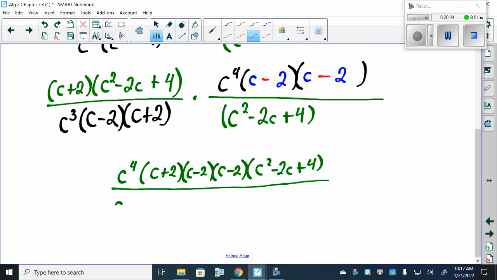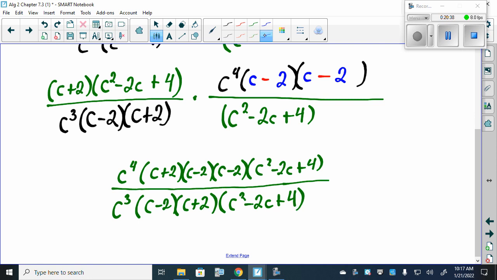On bottom, we're going to have c to the third times c minus 2 times c plus 2 times c squared minus 2c plus 4. Any questions on this here before we start simplifying?